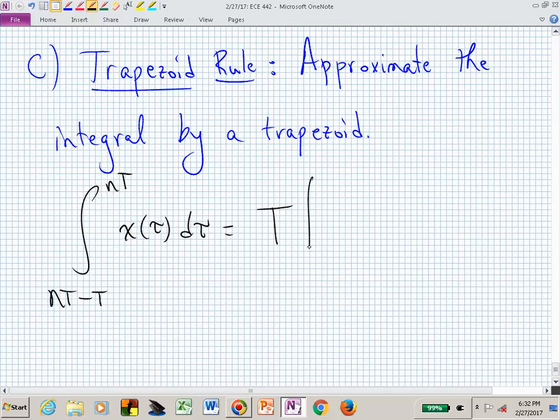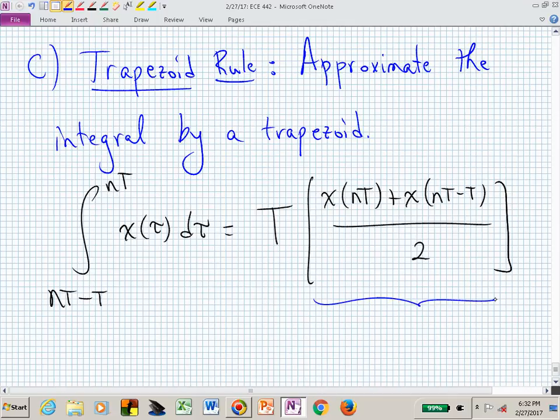And what are we doing? We're now basically just taking the average of those two endpoints, the left endpoint and the right endpoint. This is now x at nt plus x of nt minus t all over 2. And really, this is like we are averaging the forward and the backward. It's one way to think of it.